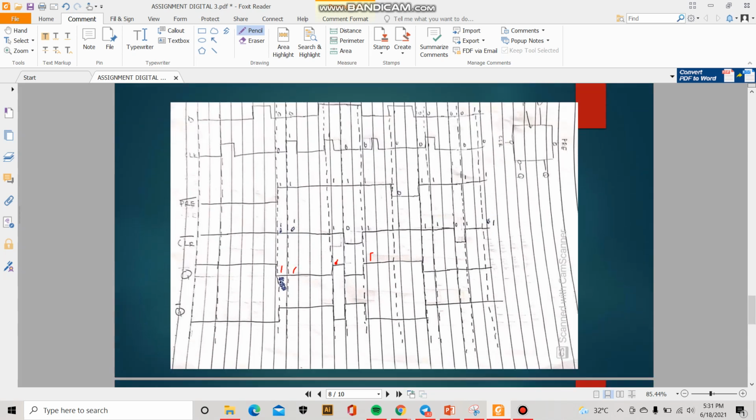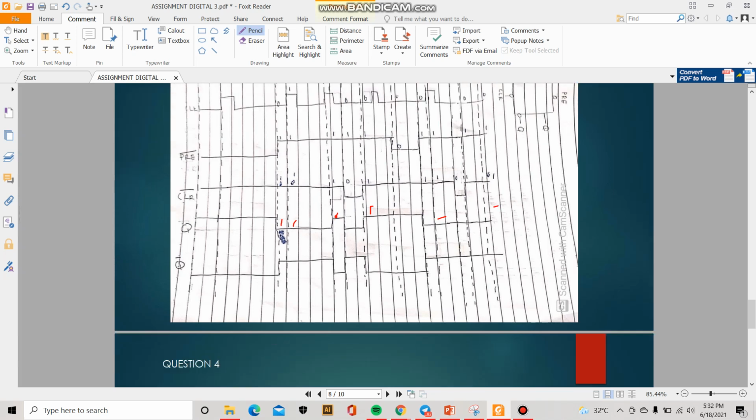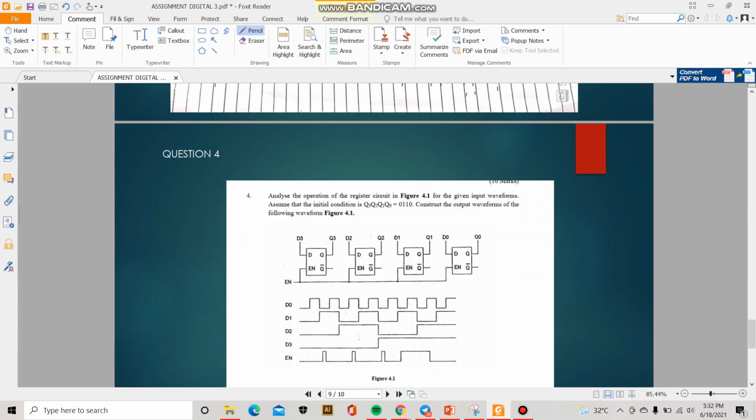Another one is 1 1, we just follow the output 0 0 0 0 0, and then lastly 0 0, the clear is 0, so the output is 0. Lastly 1 1, the output of D is 0, so we get this. The Q bar is just the inverse of Q.